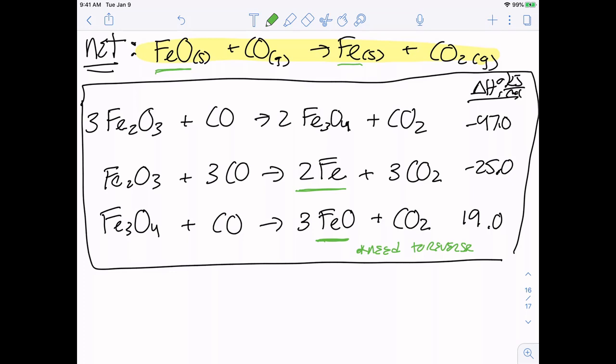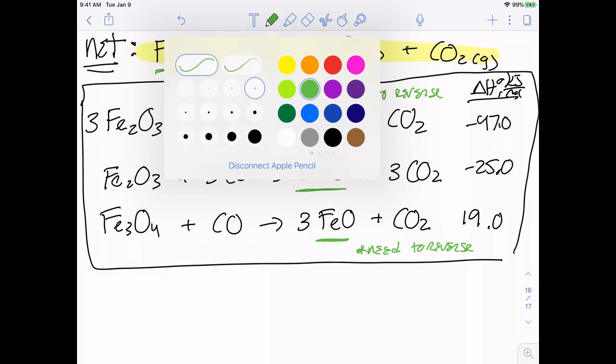And if I go back up and look at this first one, it's already on the product side, and I don't want that as part of my net, so I know that that's going to have to cancel. For that to cancel, I'm going to have to reverse that one also, so I also need to reverse my first one. So I'm going to rewrite those three, just making those changes first, and then we can make additional changes if we need to.